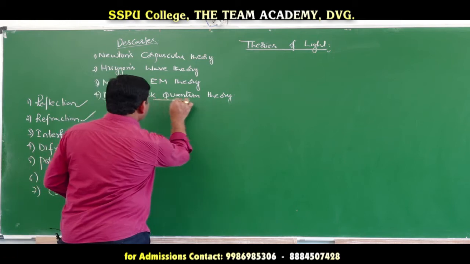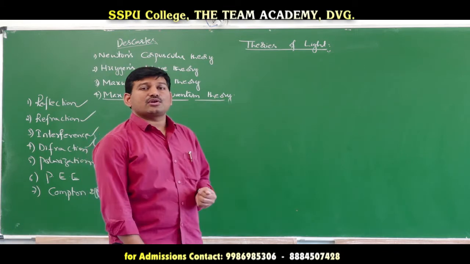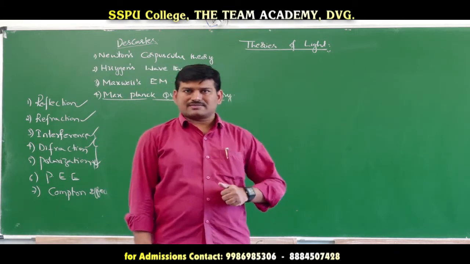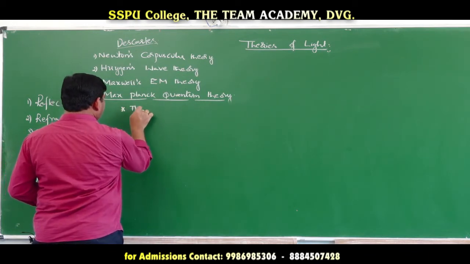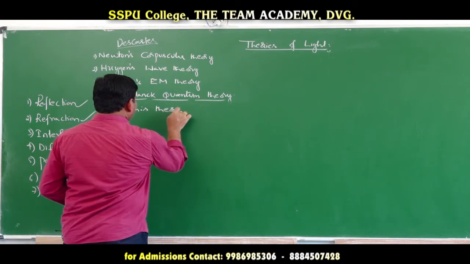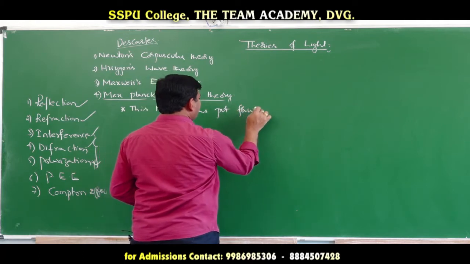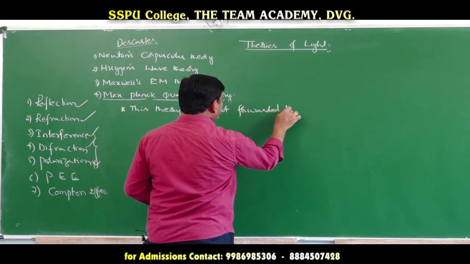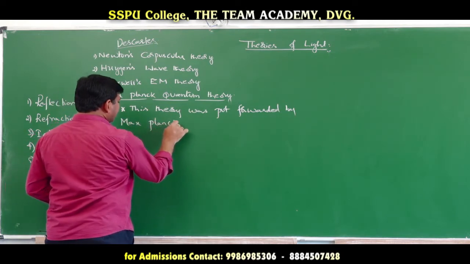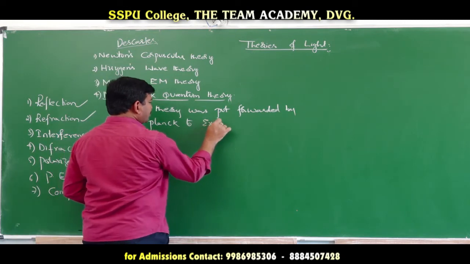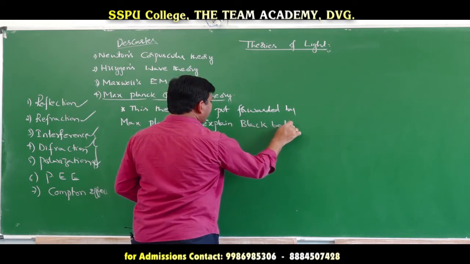So, for what purpose has Max Planck introduced this quantum theory? Max Planck has introduced the quantum theory in order to explain the black body radiations. Okay. This theory was put forward by Max Planck to explain black body radiations.